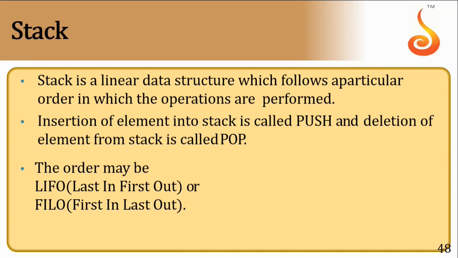So if you want to implement stack with arrays and you want to have different kind of data, that is heterogeneous data, then you need to maintain a union so that you can store different data types.